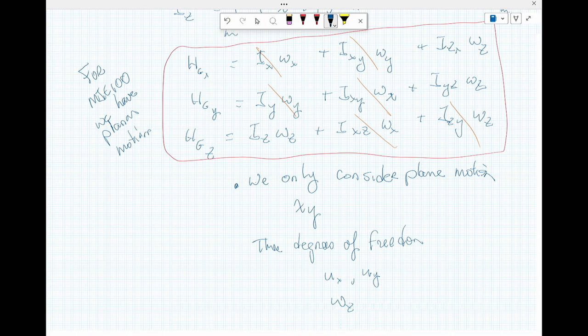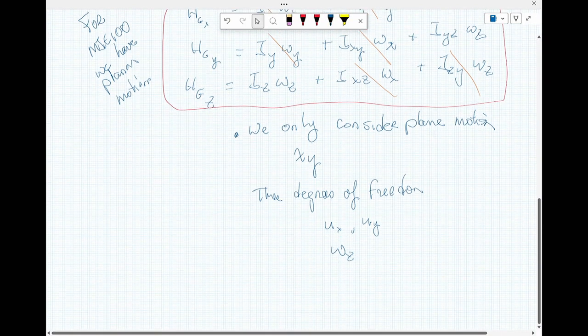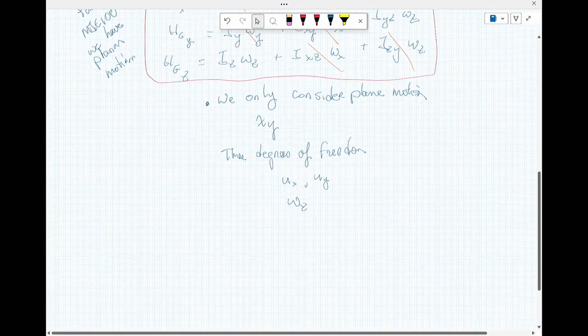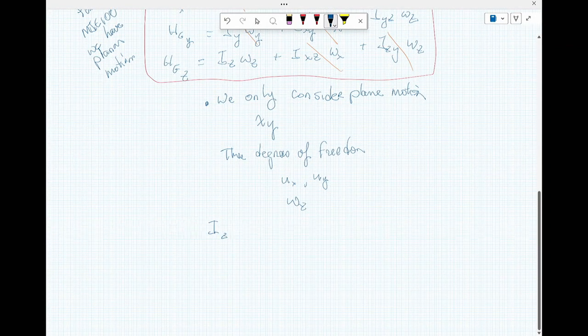So in this course, we only really have 3 degrees of freedom. You have motion in the plane, so linear translation, x, y, so ux, uy, or a velocity in the xy direction, and rotational velocity about the z-axis, omega z. So in the end, what you have is really I_z, or well, I_G, let's say it's just I_G.